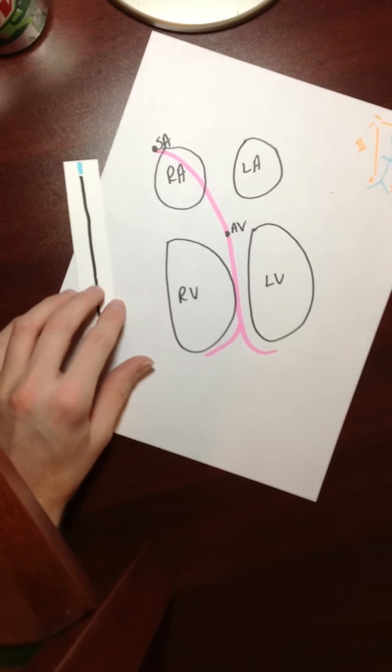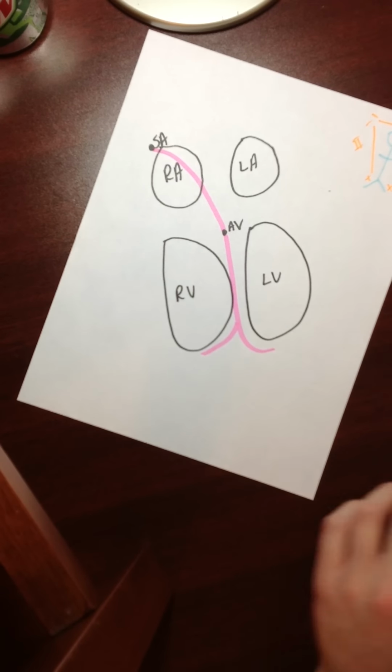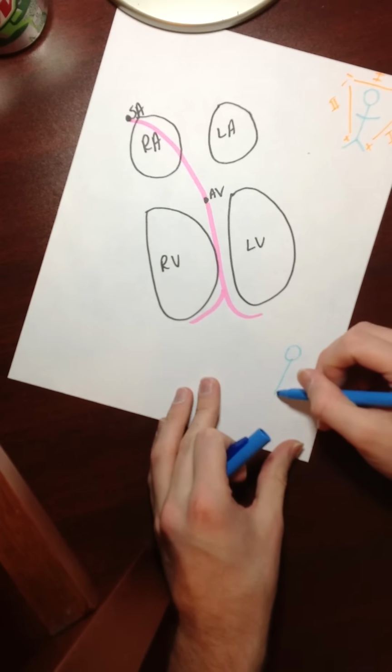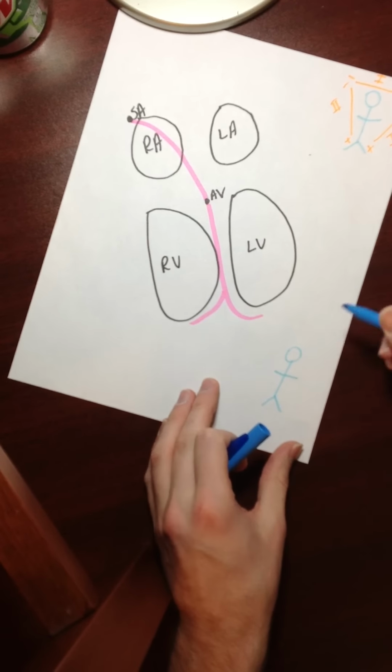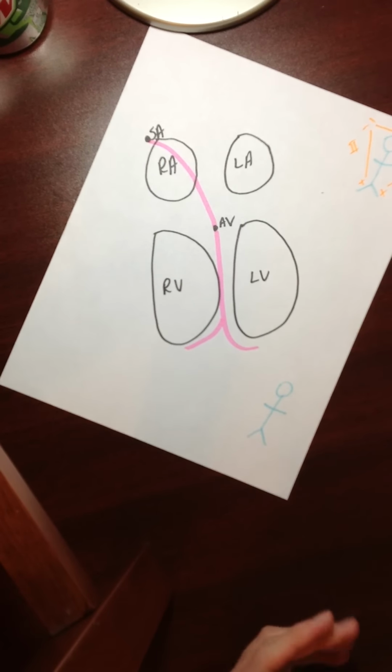Okay, so now let's look at the other leads real quick. I'm going to take my person here and draw them again. The other leads that we have are AVF, AVL, and AVR.